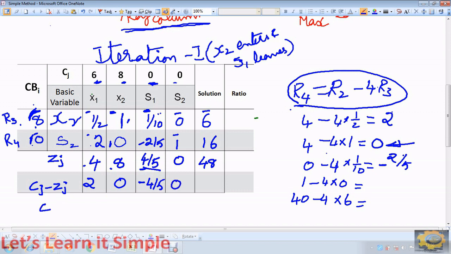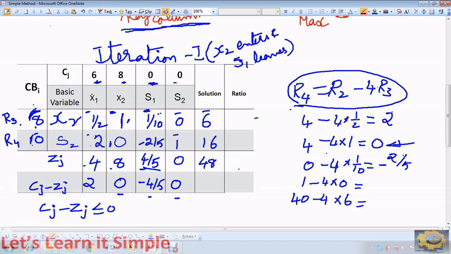Now what we need to check? We need to check whether all the values of Cj minus zj are less than or equal to 0 for the maximization type. Now if you look at the row, we have 2, 0, minus 4 by 5, 0. So we have a positive value. There is only one positive value.